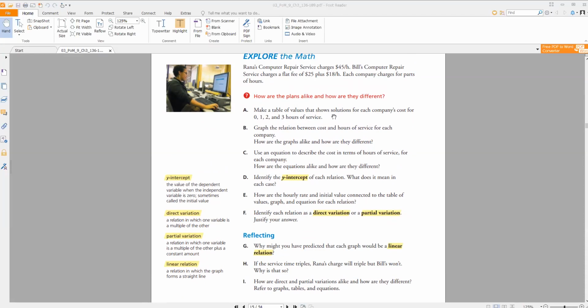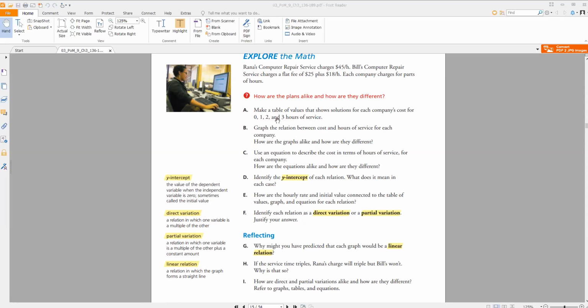So what I'd like you to do is set up two tables of value where the left-hand column of each would be the number of hours of service, numbered vertically down 0, 1, 2, and 3 on the independent rows.